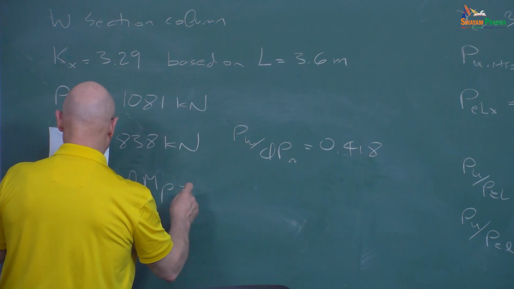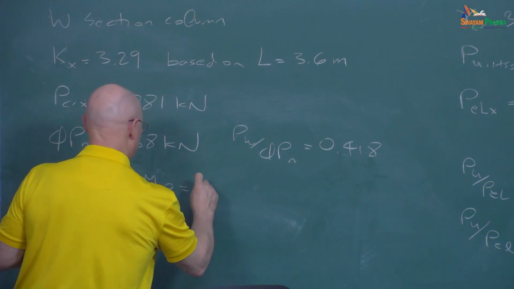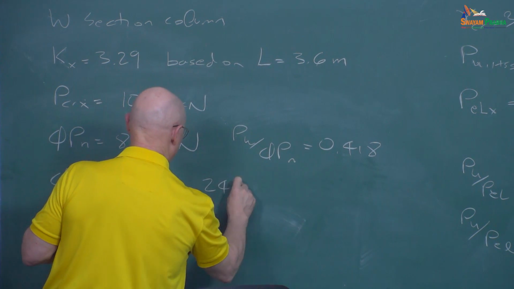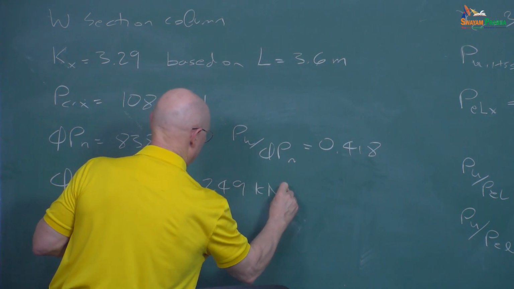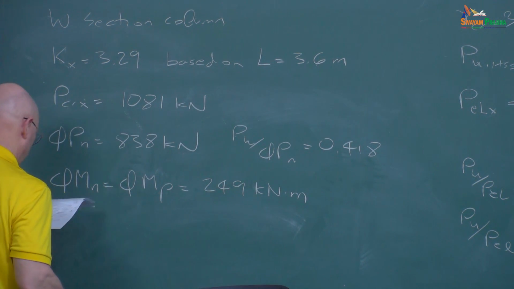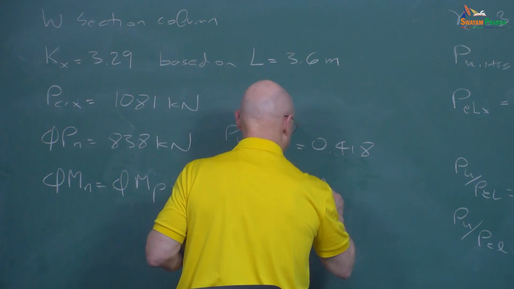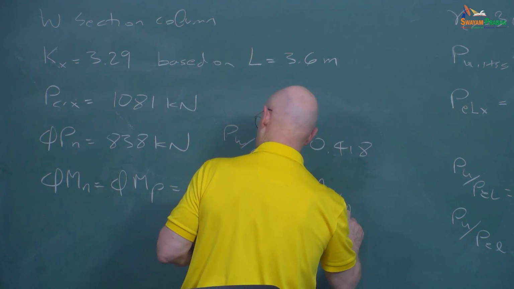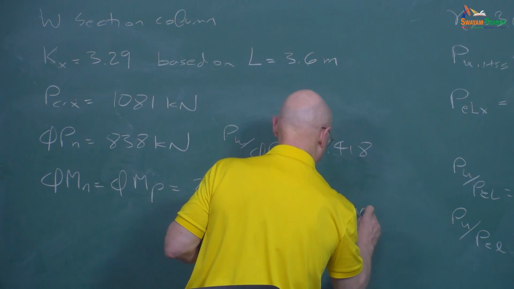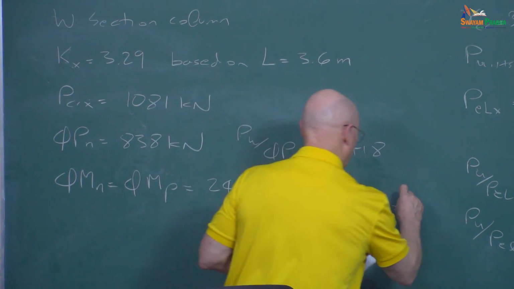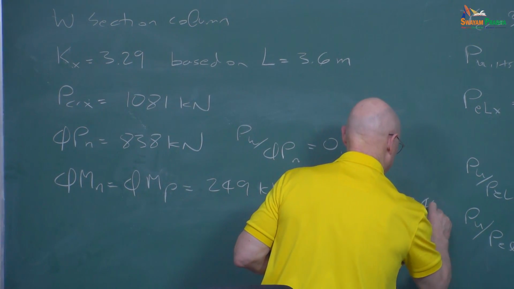And so ϕMp here is 249 kilonewton meters. And so Mu over ϕMn is equal to 0.462.